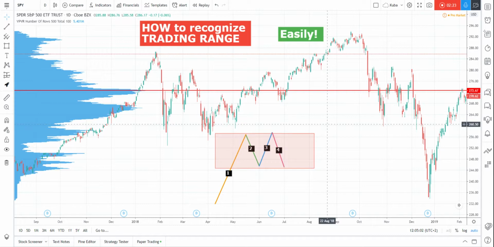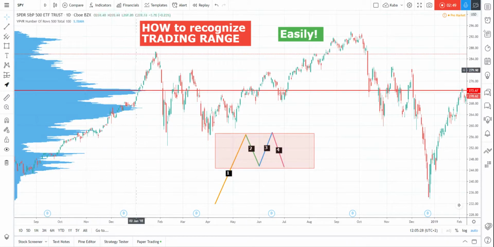Well, I prefer to use this swing technology to recognize that you are in a range. So again, we need number one, the trend move, one move against, one in the previous direction, and one again against the main trend. Then we have letter M, we have value area, we have a very strong trading range.